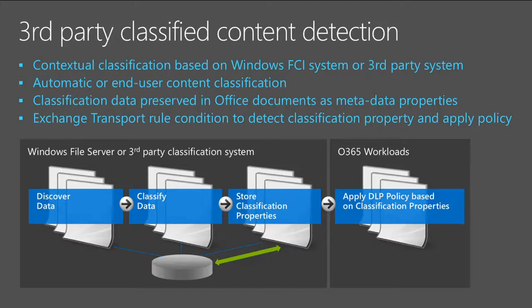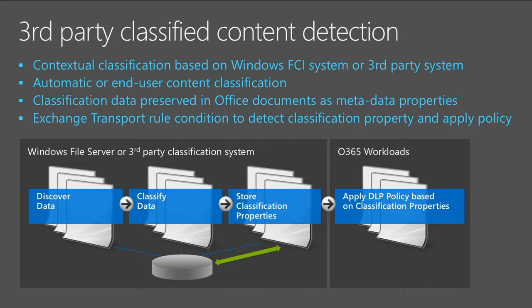All right, so far we've talked and focused on how we analyze content and what are some of the advances in how we detect sensitive information. This next section is quite different. It actually focuses on a new capability for us to leverage third-party systems that have already classified the content and have already made a judgment of how that content should be treated.